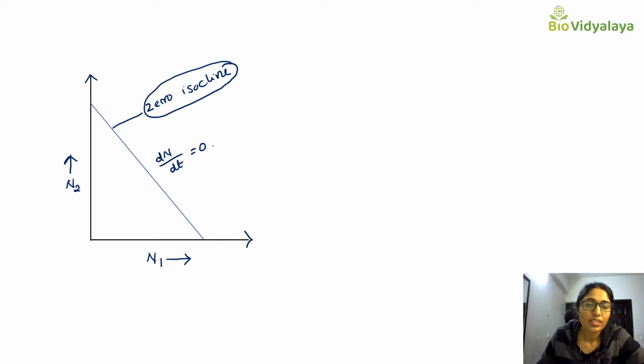Above this zero isocline, population size is decreasing, and below this isocline, population size is increasing. You have to remember that along this straight line representing the zero isocline, at any point, dN by dt is equal to 0.